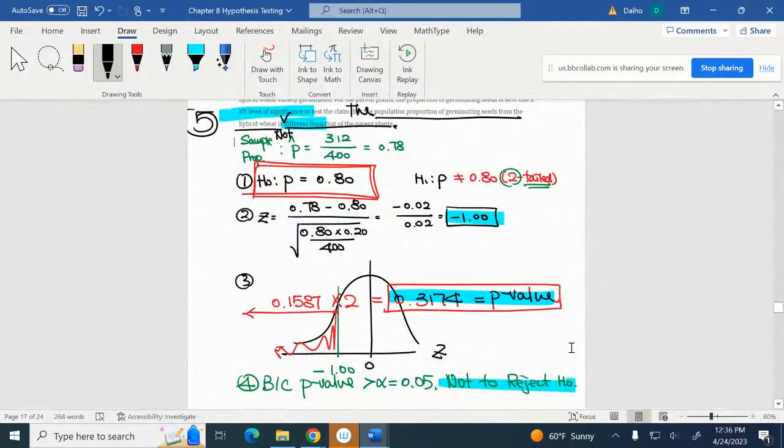So it's almost the same. 5 steps: state hypothesis, test statistic, p-value, tail, conclusion, interpretation. Okay. Any question?